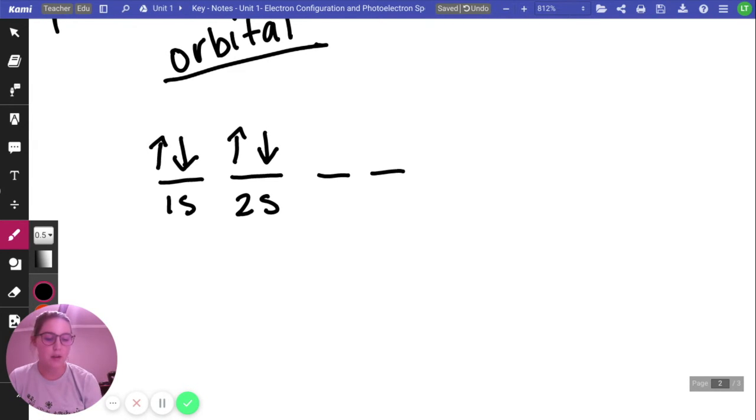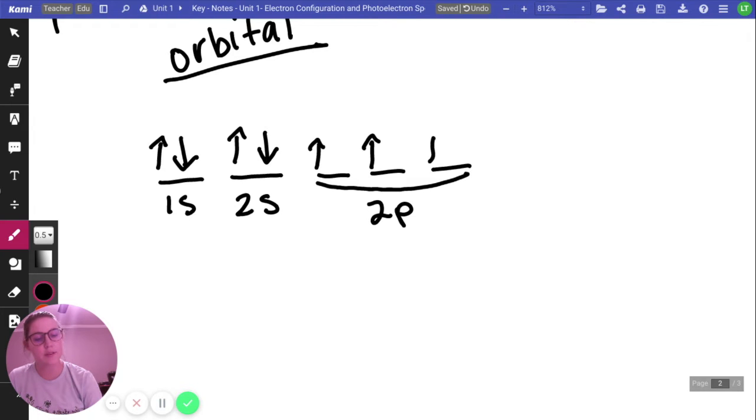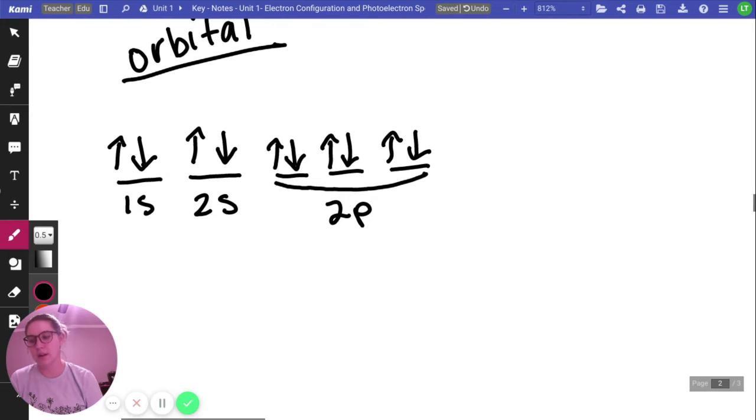Our 2p. All right, it's got 6 electrons. Each orbital fills with 1 electron, and then a second electron is added to it because of Hund's rule, but they have opposite spins because of the Pauli exclusion principle.